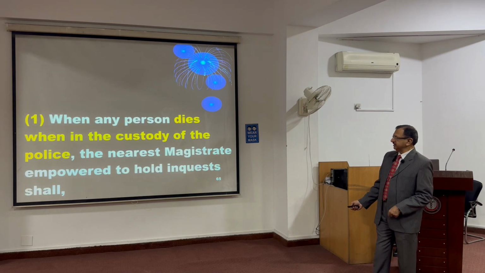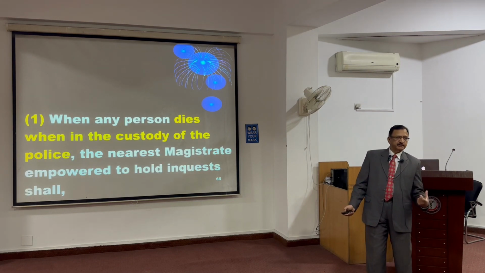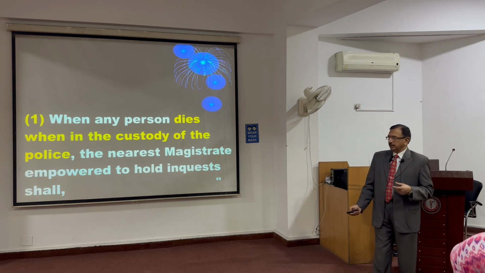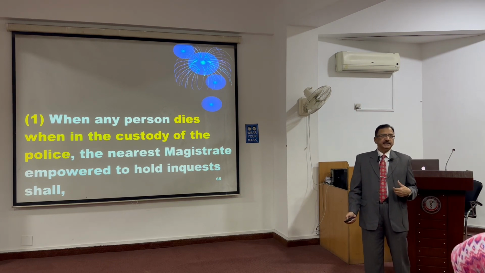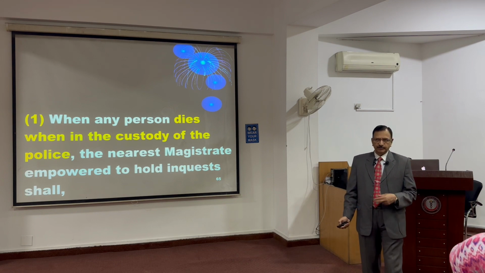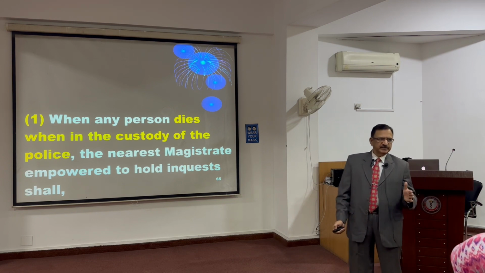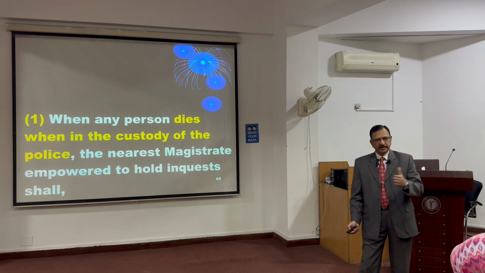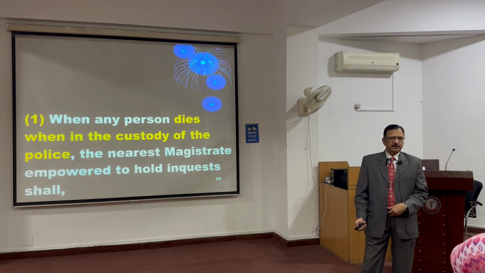So this Section 174 also empowers the district magistrate to order for exhumation. Not only that, he can order for additional investigation, because under Section 174 police conduct the investigation, and whenever there is suspicion, they refer the case to the district magistrate.